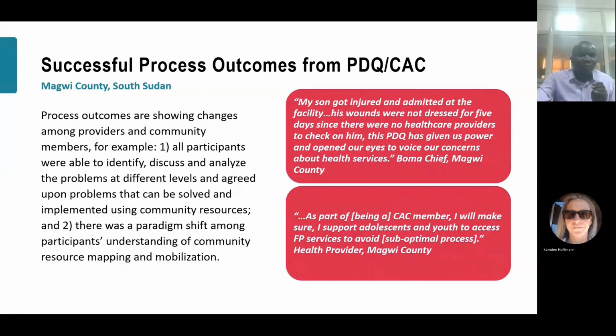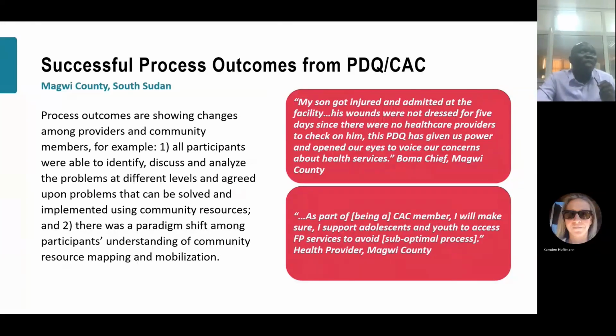In relation to the successes and outcomes of partnership-defined quality, it has really gathered a lot of momentum in the country, and we are able to realize some of the successes it has already gained.